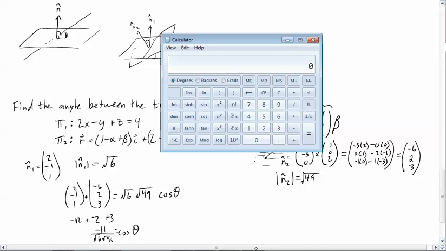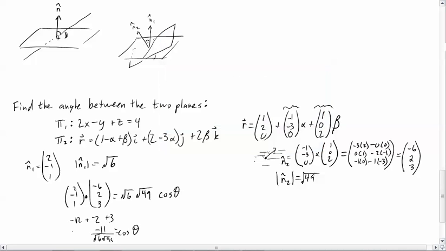So calculator, we'll go 11 divided by, I guess I need to do 6 times 49, because I actually don't know what that is. 6 times 49 equals 294. So that's 294 on the bottom.